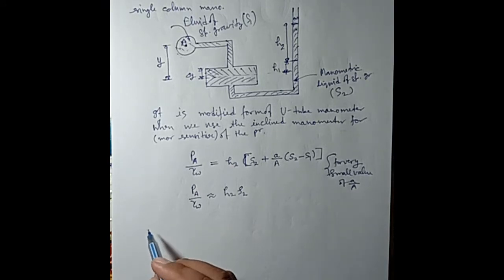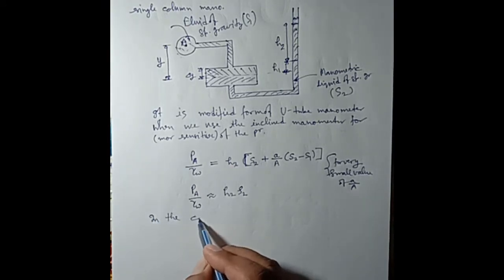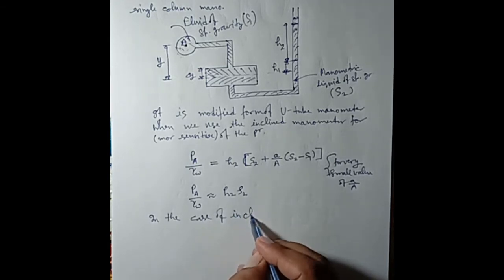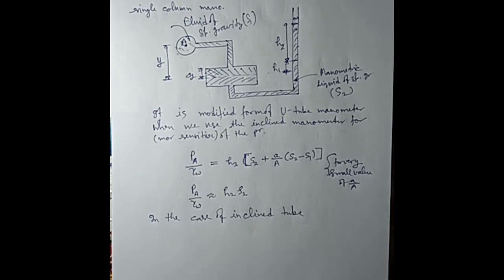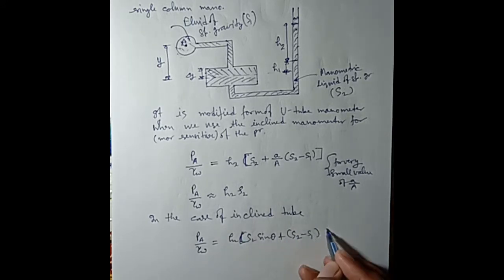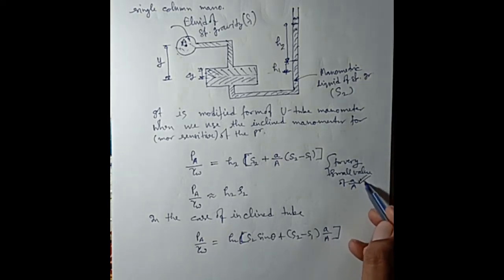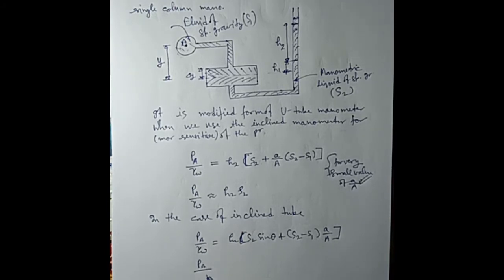In the case of an inclined tube, PA upon gamma W is equal to H2 S2 sin theta plus (S2 minus S1) a by A. In that case, a by A is very small, therefore PA upon gamma W is approximately H2 S2 sin theta.